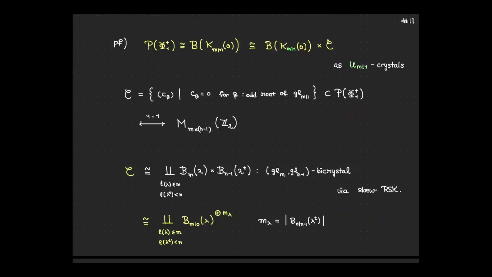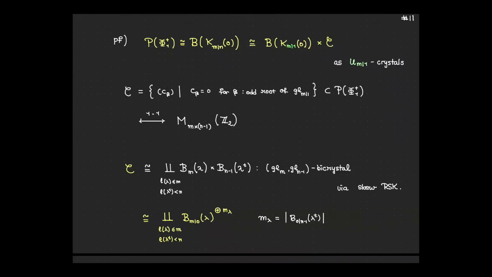So we can identify this with the set of binary matrices where the size of the column is strictly smaller than n-1. And so this set also still has a crystal structure of GL_m and GL_{m-1}. It's a bicrystal structure.